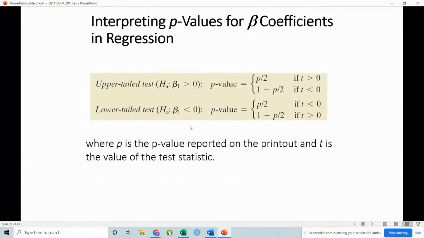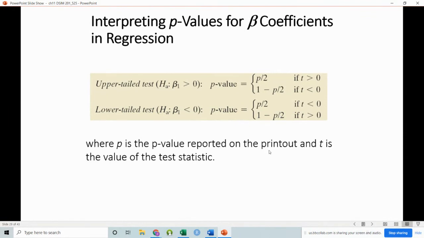Likewise, if we're looking at the lower tail, it's the same idea. As long as the inequalities are facing the same way, all we have to do is divide that two-tailed one by 2 to get the one-tailed. And if we want the other side, like the right side of the right-sided area, then we subtract that value from 1.